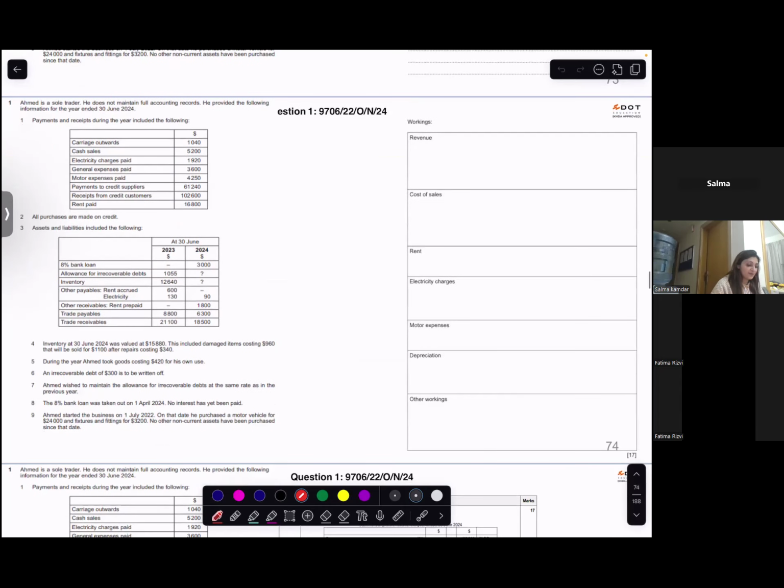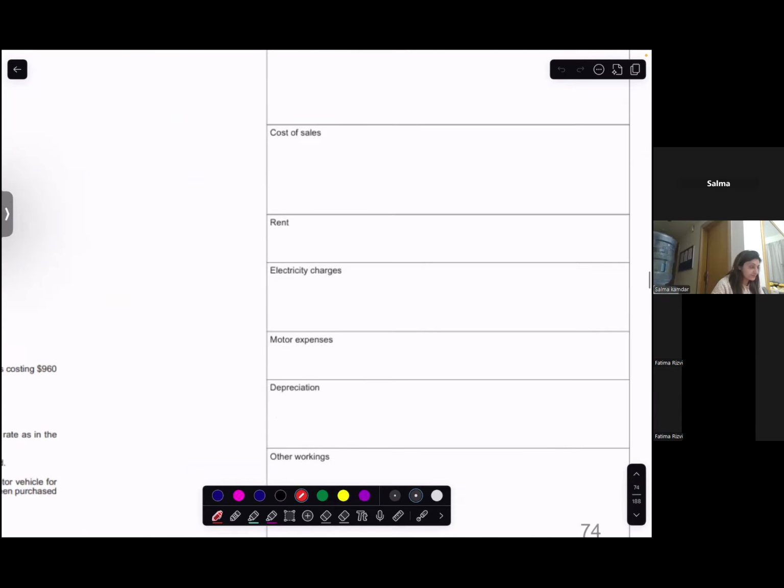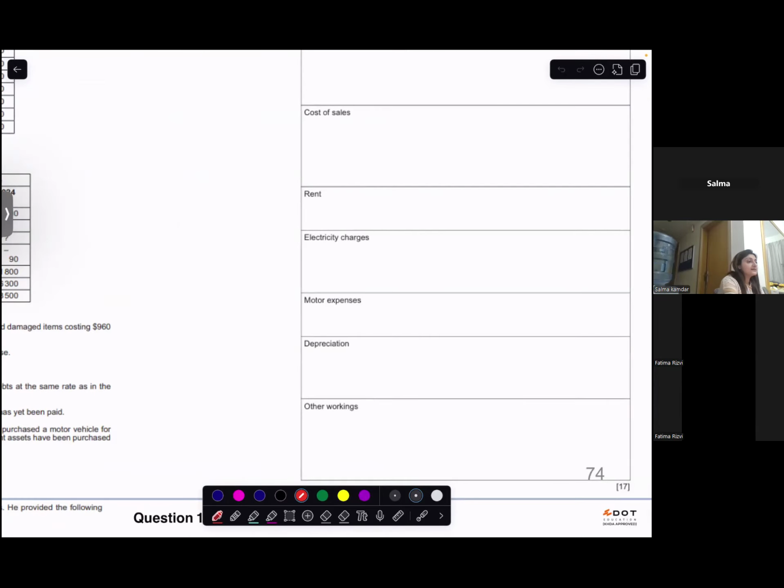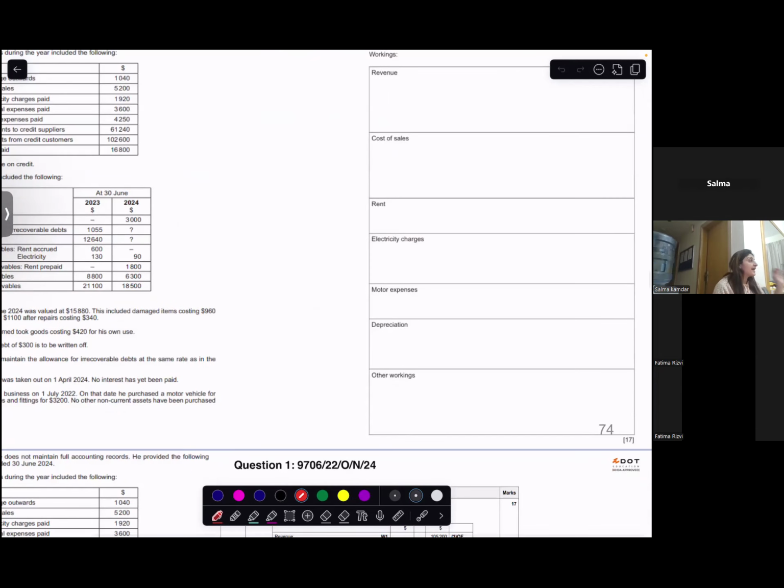And we will still scroll through. I have places for working if you see over here. If you have a place for working, that means whatever working you are showing should be shown over here, and the minimum amount should go to your income statement. Anything else that I'm asked to prepare?